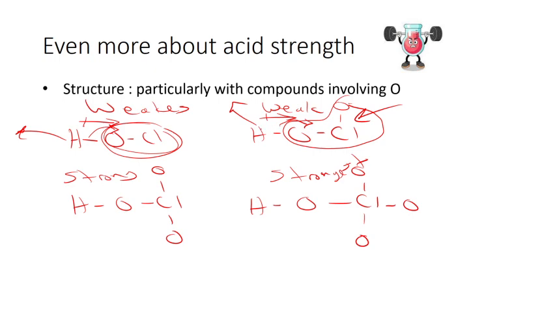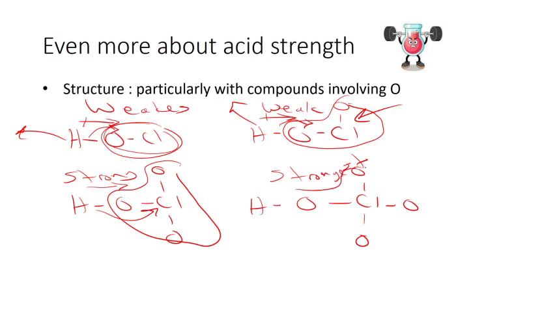This is more polar, and so the H is going to be more likely to leave. We get down here, and again, we're increasing the pull on those electrons. We're giving those electrons more places to exist, and so the hydrogen is more likely to leave.